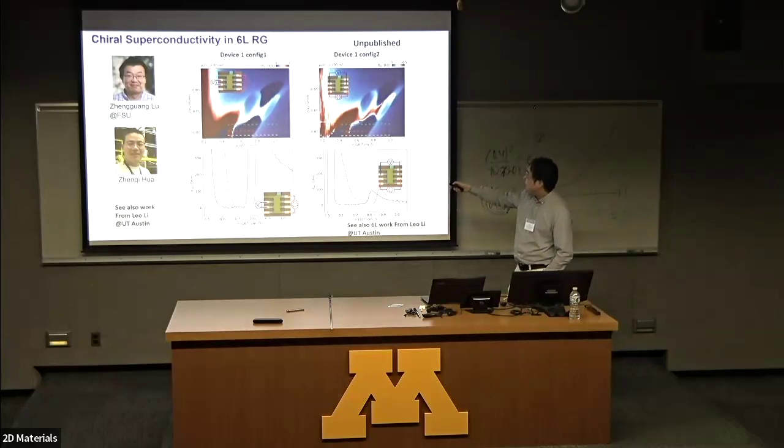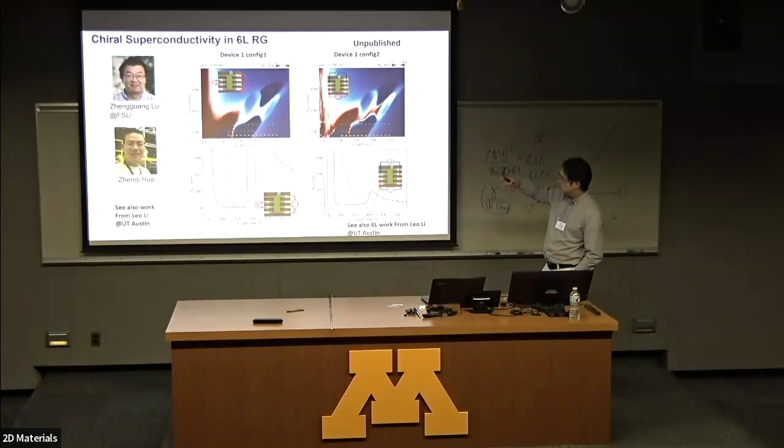And he has a Hall bar like this, right? He cannot really pass current in every direction possible, but he can at least check a few directions. In this configuration, the current runs from this electrode to this electrode. In this configuration, it runs horizontally, and in this direction, okay, I didn't show the other.